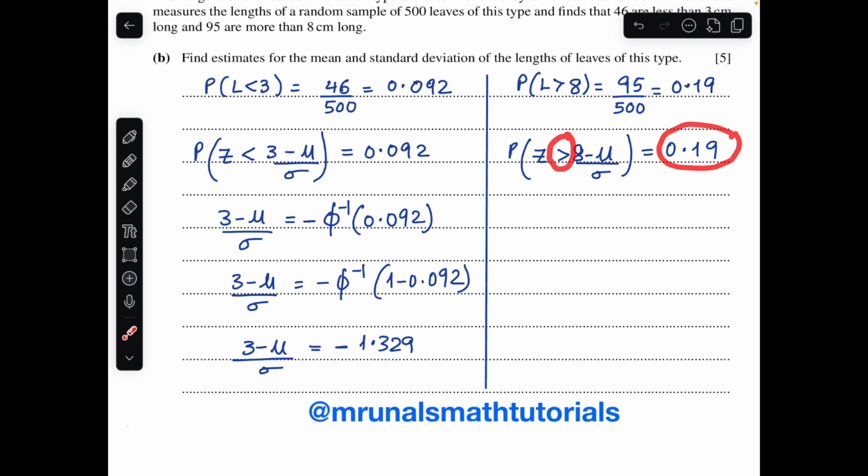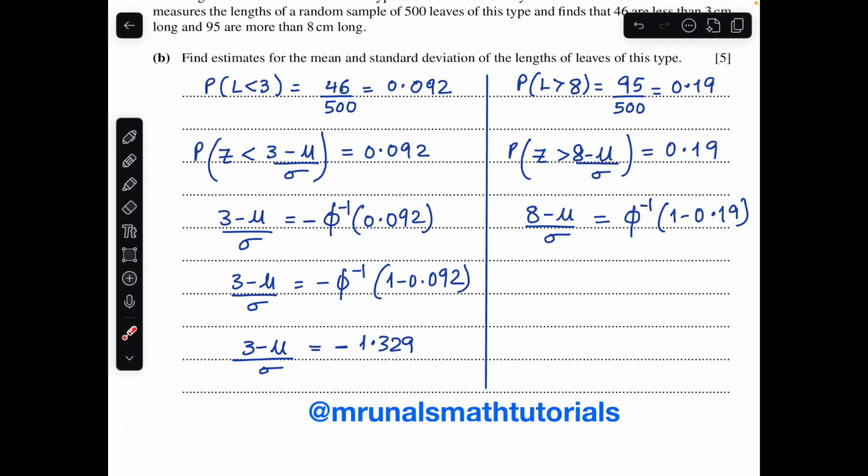So when we have greater than and less than 0.5, the z score is going to be positive. So 8 minus mean over standard deviation is going to be phi inverse of 1 minus 0.19, because you cannot calculate the phi inverse of any value which is less than 0.5.